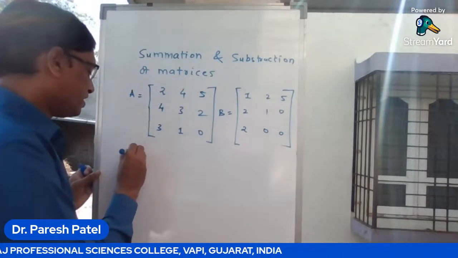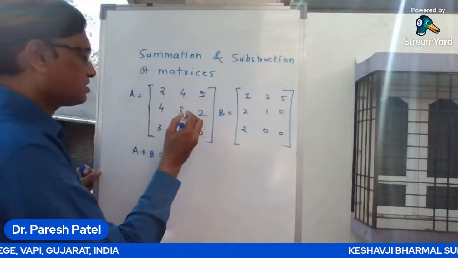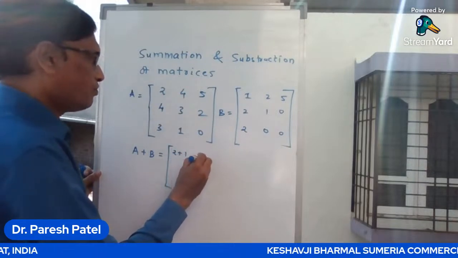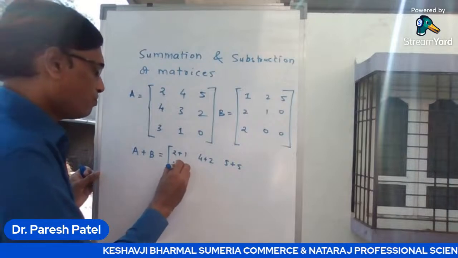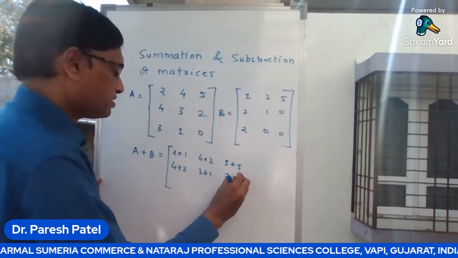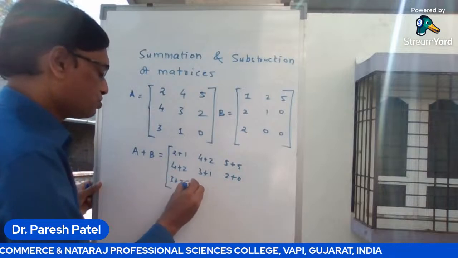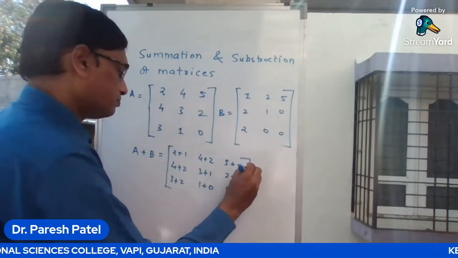Now the summation of matrix A plus B can be represented as 2 plus 1, 4 plus 2, 5 plus 5, 4 plus 2, 3 plus 1, 2 plus 0, 3 plus 2, 1 plus 0, 0 plus 0.